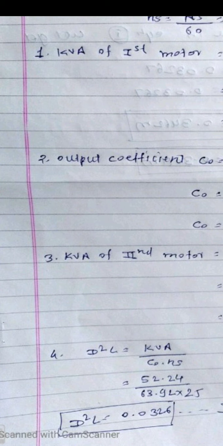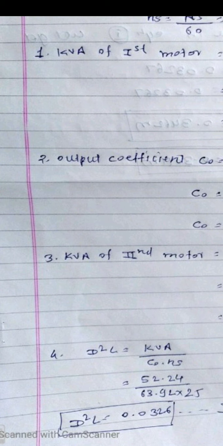This is our basic output equation of the three-phase induction motor: kVA is equal to C0 d square L ns. From that we write d square L is equal to kVA divided by C0 into ns.